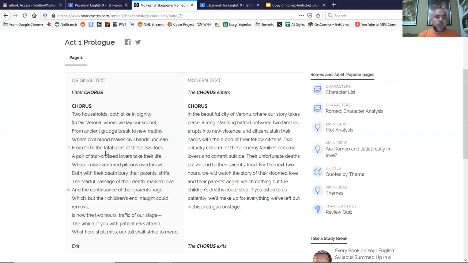From ancient grudge break to new mutiny, where civil blood makes civil hands unclean. So this is a long-standing feud. They've hated each other for a long time, ancient grudge. And it breaks to new mutiny. So there is now new fighting happening here. That's not just the old "we hate each other."